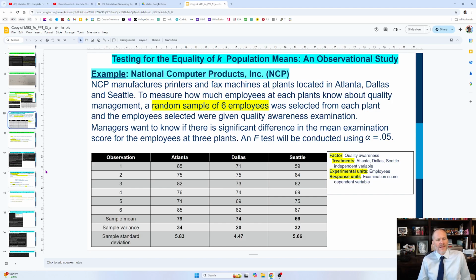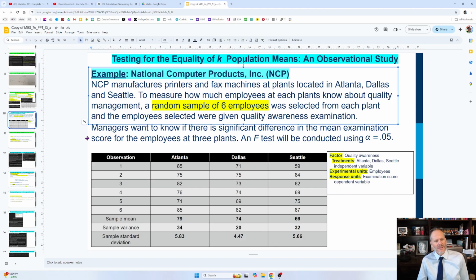There we go. So for this example, NCP manufactures printers and fax machines at plants located in Atlanta, Dallas, and Seattle. I didn't know people still manufactured fax machines.